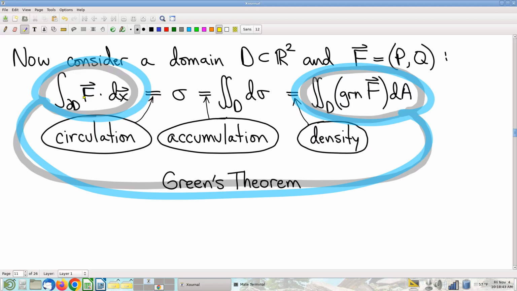But aside from that, pretty much any vector field will work. But the catch is, and you can see it right here, the curve has to be a boundary. So not only does it have to be an oriented curve, but for Green's theorem to work, it's got to be a boundary curve.